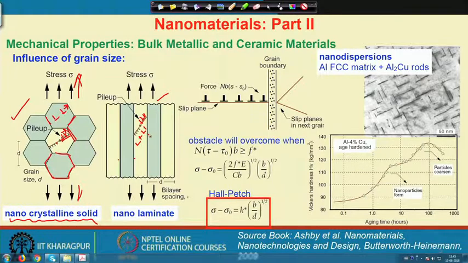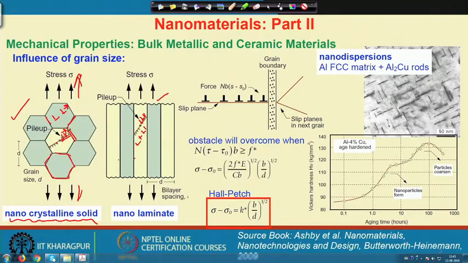Now, can we estimate the value of the obstacle provided by the grain boundary? Or maybe the dislocations are moving on a plane, and one can put a particle, and the dislocation finds an obstacle on its slip plane and builds up some stress.